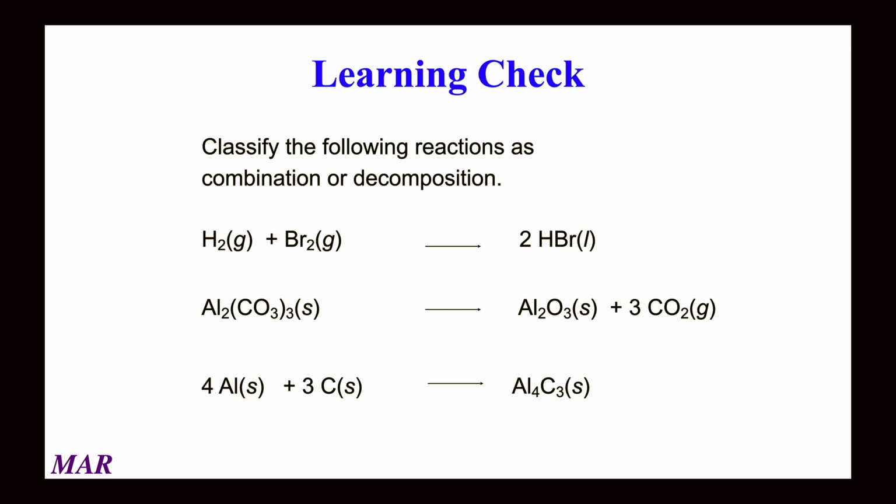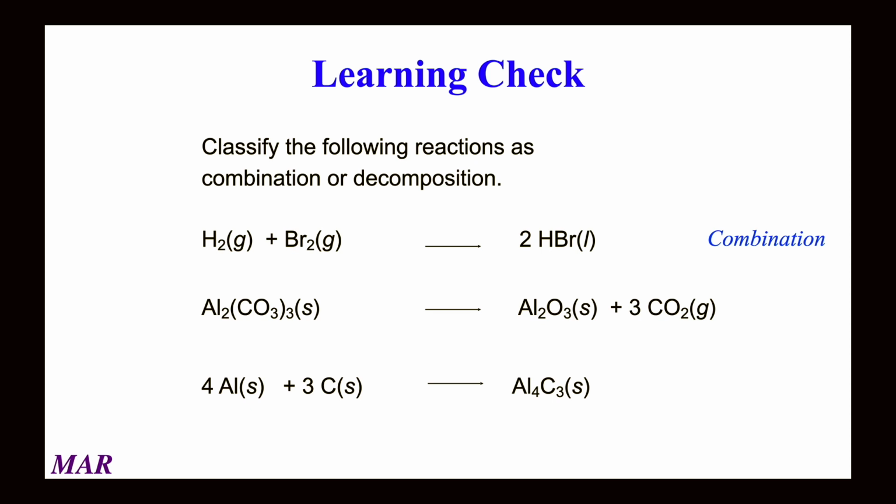So let's classify these reactions as combination or decomposition. The first one there, H2 and Br2 are coming together to make HBr. So 2 pieces are combining to make HBr. Combination reaction. The next one, aluminum carbonate, is breaking down to aluminum oxide and 3 CO2s.